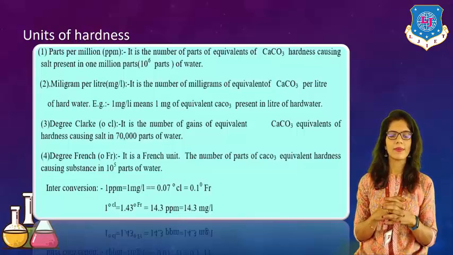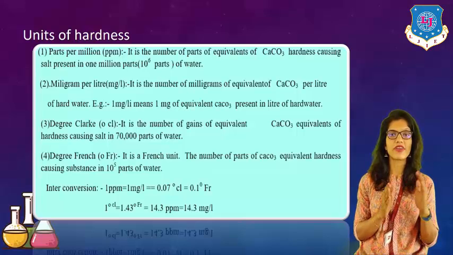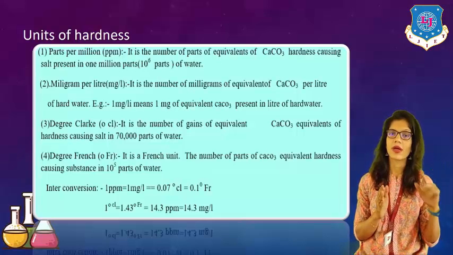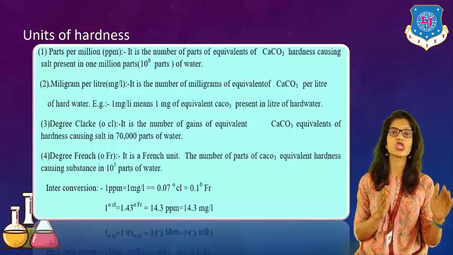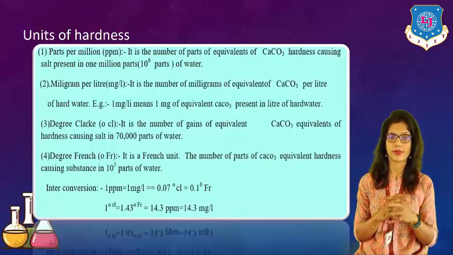So 1 ppm is equal to 1 mg per liter. And 1 mg per liter is equal to 0.07 degree Clark. Now 0.07 degree Clark is equal to 0.1 degree French.